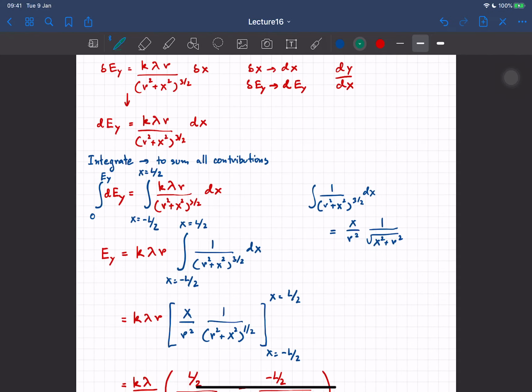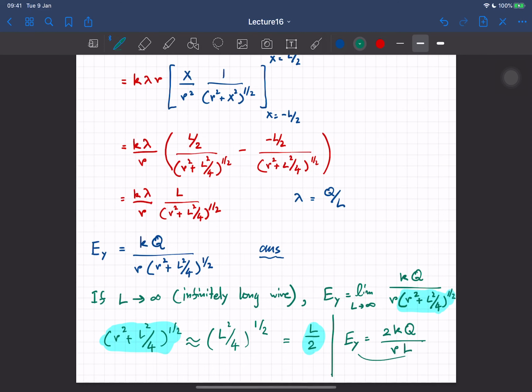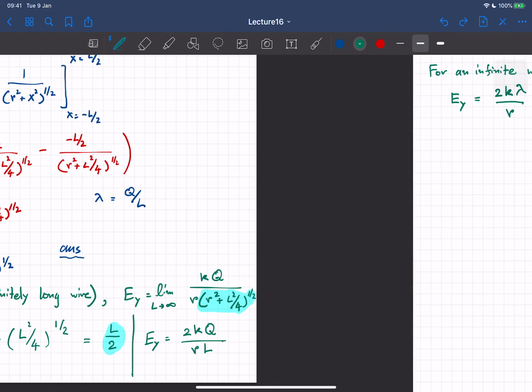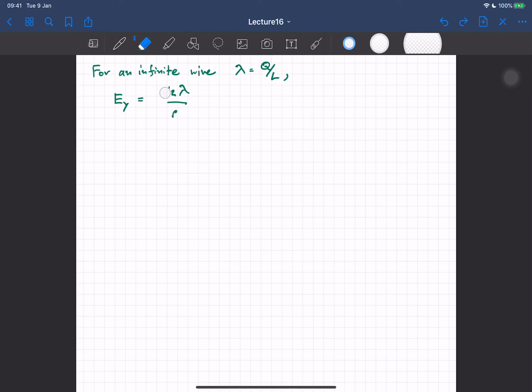So this is from this. Maybe I'll write one step so that it's not too confusing. It's kq divided by r times L, but then we rewrite this part here, q over L, to be lambda. So you can say that this is equal to 2k lambda divided by r.